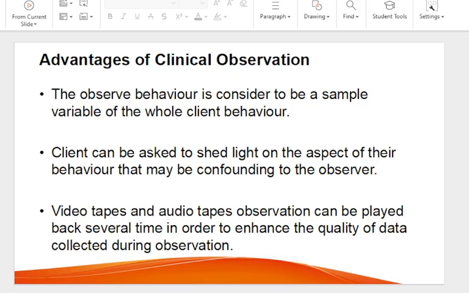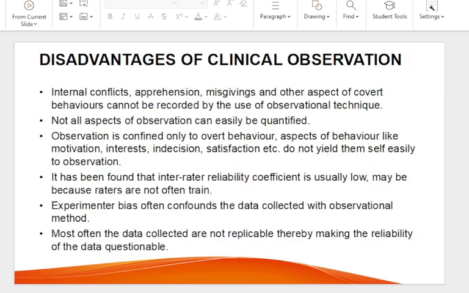Now, for everything that has an advantage, there's always a disadvantage, however small. But in the case of clinical observation, they have more disadvantages than advantages.